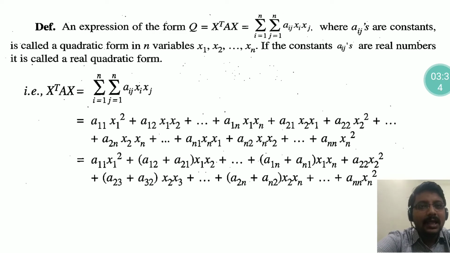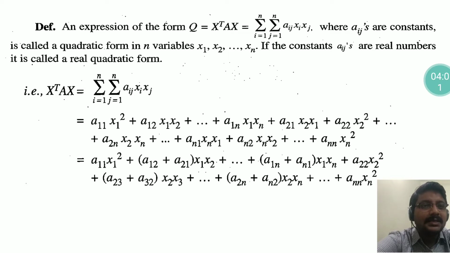Definition: an expression of the form q = XᵀAX = summation i equal to 1 to n, summation j equal to 1 to n, aij xi xj, where the aij's are constants, is called a quadratic form in n variables. So here the n variables are x1, x2 and so on, xn.